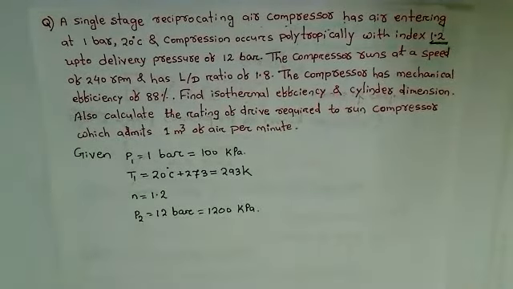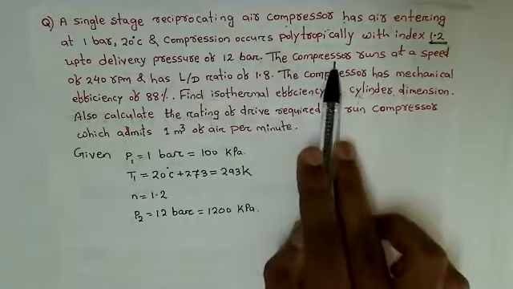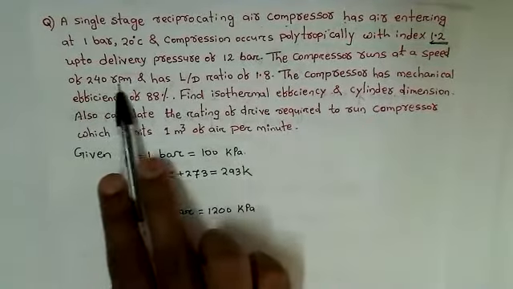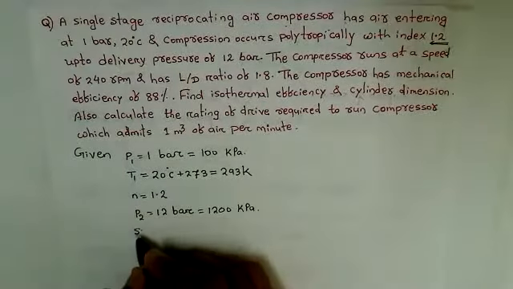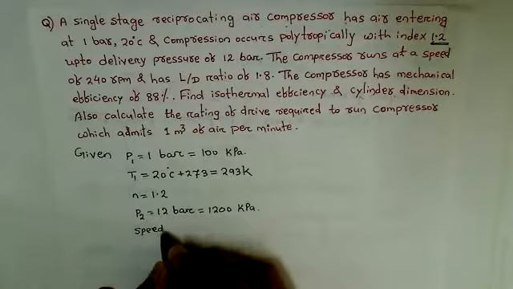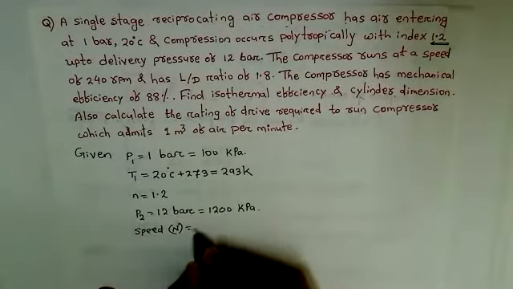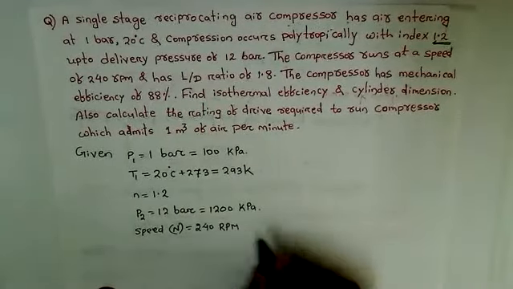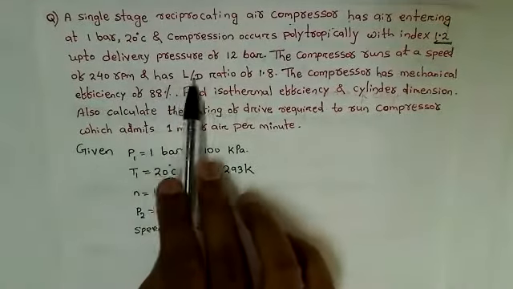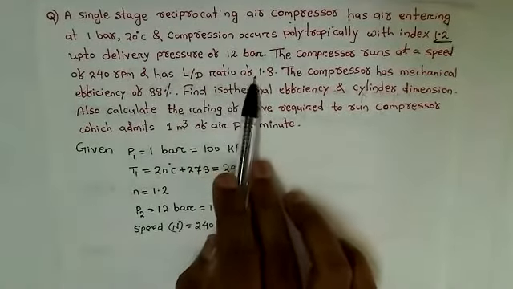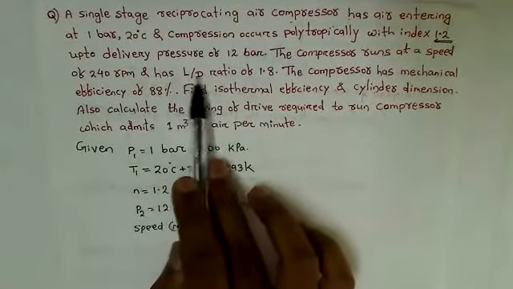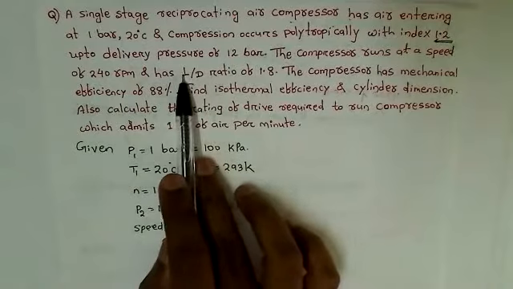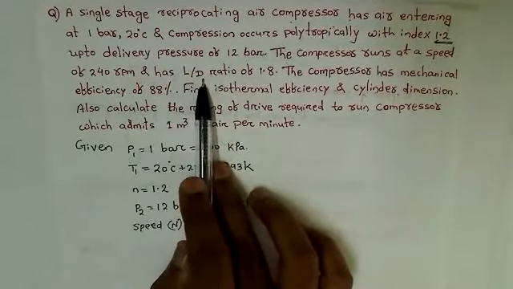The next thing is the compressor runs at a speed of 240 rpm. So speed is given, capital N equals 240 rpm, and it has an L by D ratio of 1.8. What is L by D? L is the stroke length, D is the diameter.